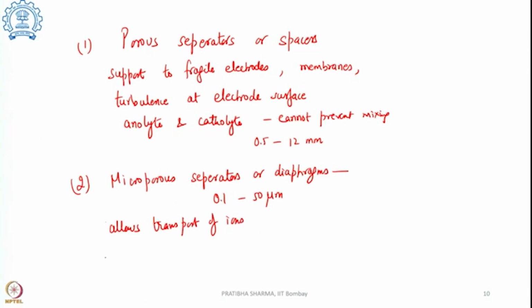However, convection and diffusion barriers exist when these separators are used. Another type is the ion exchange type, which selectively allows a particular type of ions to flow through them. These are ion exchange membrane separators.